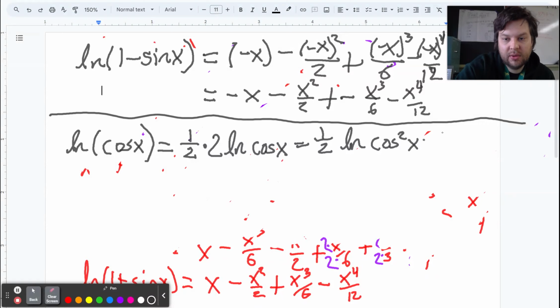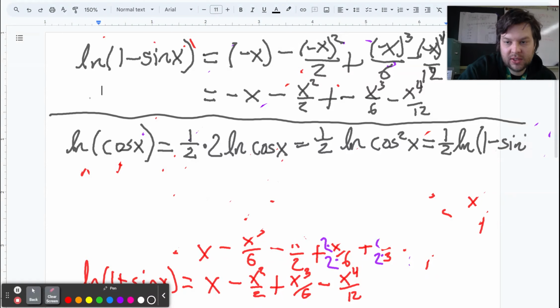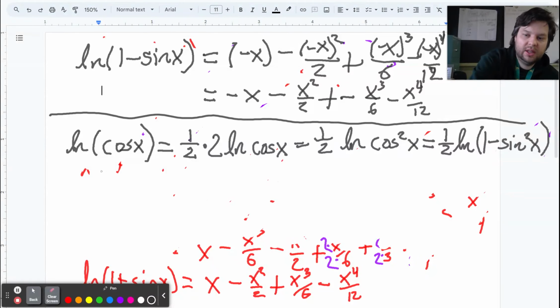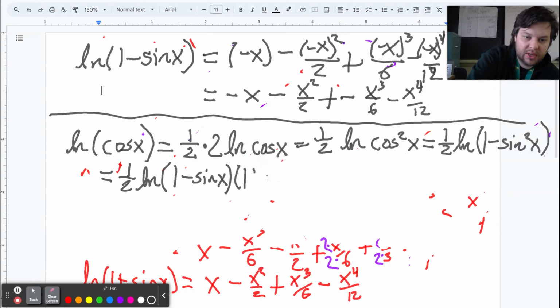And then I hope you would agree that I can write that as the natural log of 1 minus sine squared x. Okay, well, if that's the case, I also hope you would agree that I can write that as 1/2 times the natural log of 1 minus sine x times 1 plus sine x.